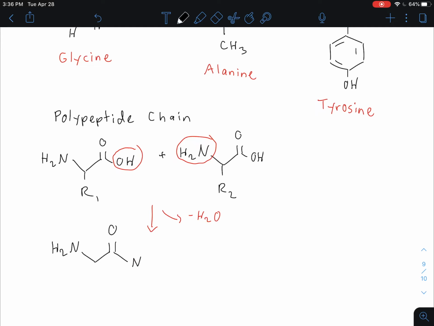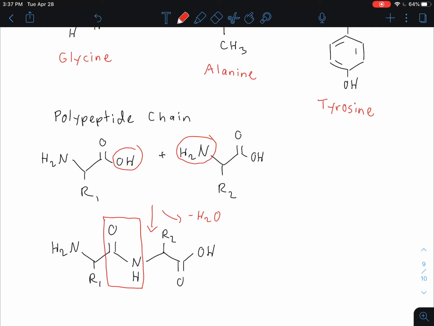So if I were to put these together, what I would end up with is a structure like this. And so what we have here is what we call an amide bond. You're effectively losing the H from the nitrogen and the OH from the carboxylic acid in order to make this amide bond.